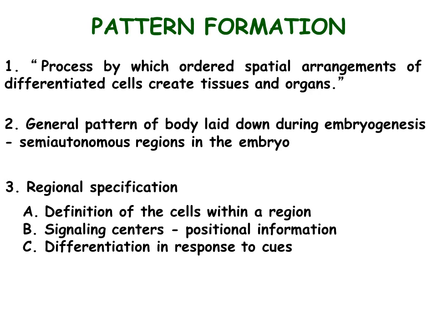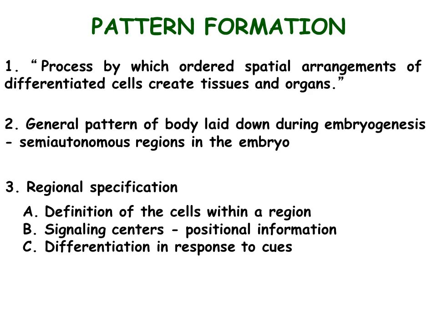Then you have to have signaling centers. These give positional information, and then they can differentiate, of course, again in response to cues. So it's always going to be, with communication, a signal, a receptor, signal transduction, change in gene expression.